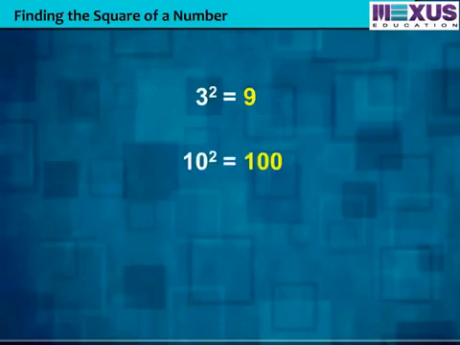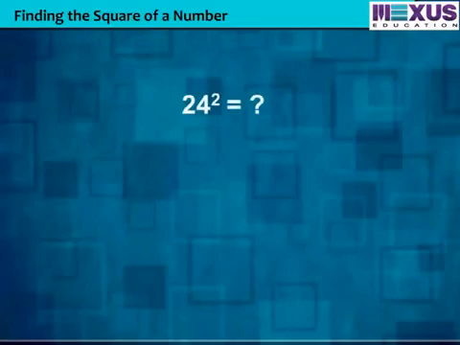Yes, correct. It is 100. These were the squares of small numbers, which we can memorize, but can you find the square of 24 so quickly and easily? Your answer will be no, as we cannot memorize the squares of big numbers. So we will learn and understand how to find the squares of big numbers in an easy way.